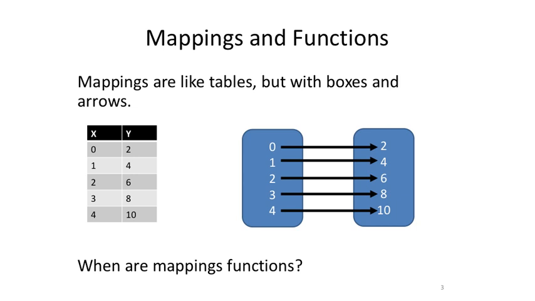We've seen this slide already, mappings and functions. So yes, a mapping is just like a table, right? This is the mapping here on the right. So for example, we got the 2 columns. The one on the left is our input, and then the one on the right is output.